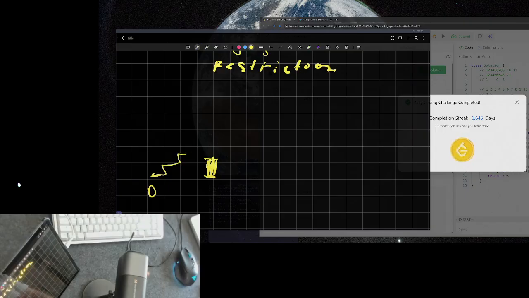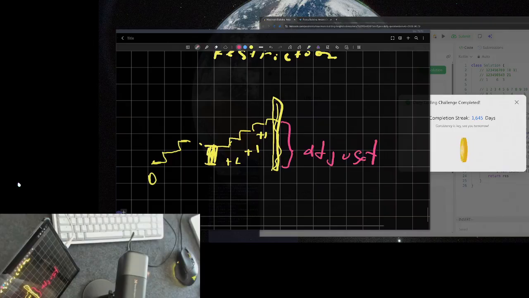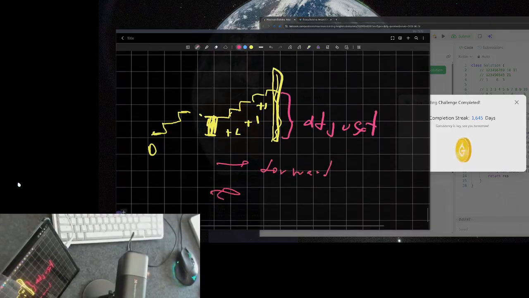Given that we have some restriction, if we have a restriction that is bigger than what we could reach by doing +1, we adjust this value to be lower. Okay, we do this in a forward pass. We have to repeat it for the backward pass.